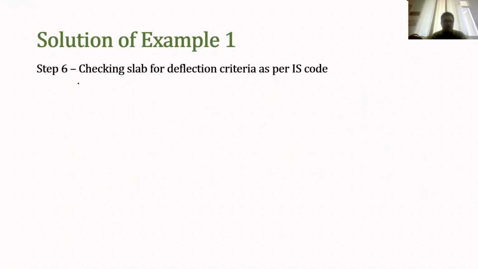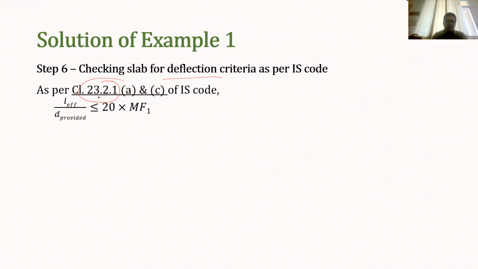So here I am going to the step where we have to check our slab for the deflection criteria. So deflection criteria as per clause 23.2.1 A and C point of IS code, it says that L effective by D provided should be less than 20 times of MF1. So the same step we have followed in the previous lecture. So on the same line we are doing here also.